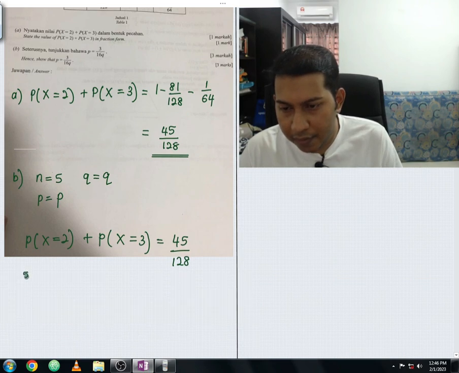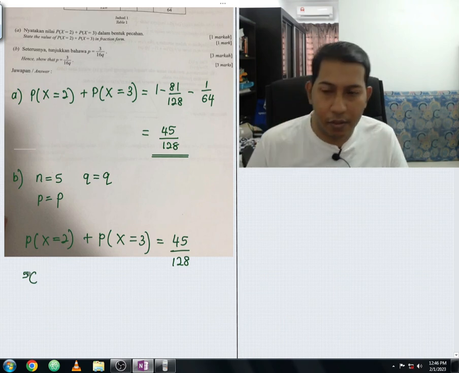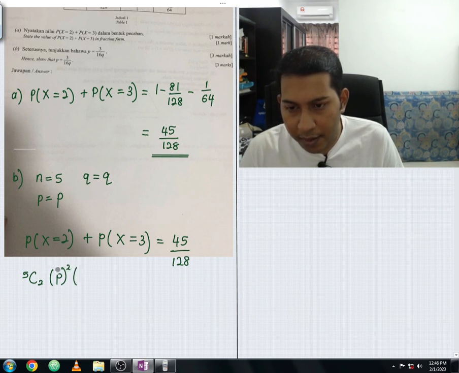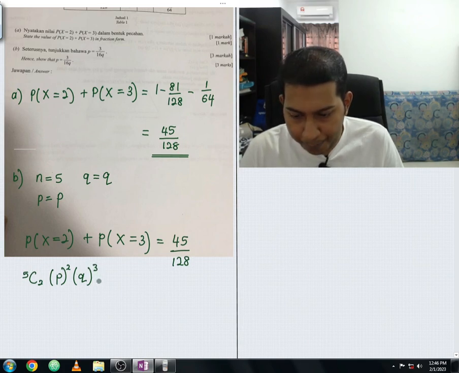Out of the 5 trials, you choose 2 of them because X equals 2. The probability of success is p, and the number of successes is 2. The probability of failure is q, and the power is 5 minus 2, which gives 3.